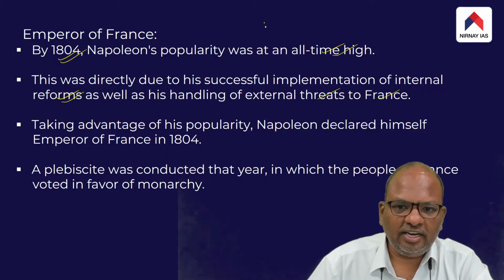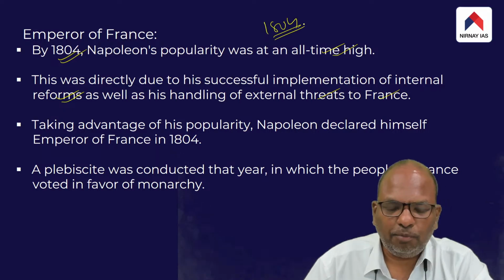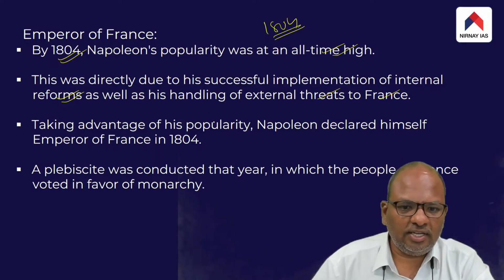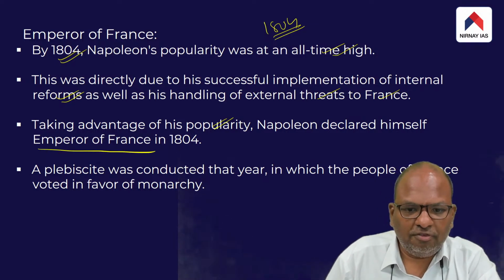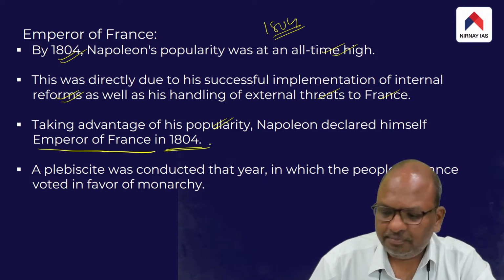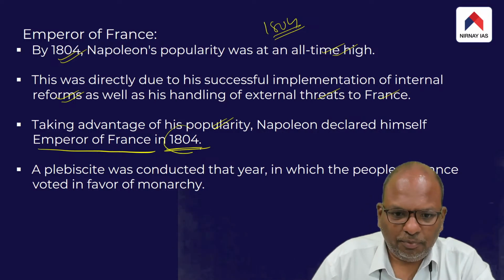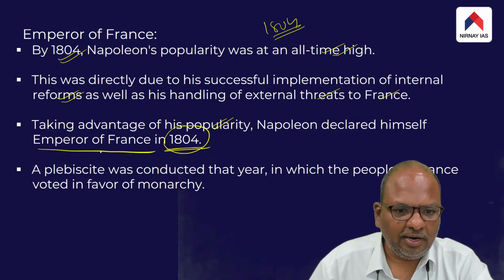So basically, by 1804, he was very, very popular in France. Taking advantage of his popularity, Napoleon declared himself Emperor of France in 1804 AD.